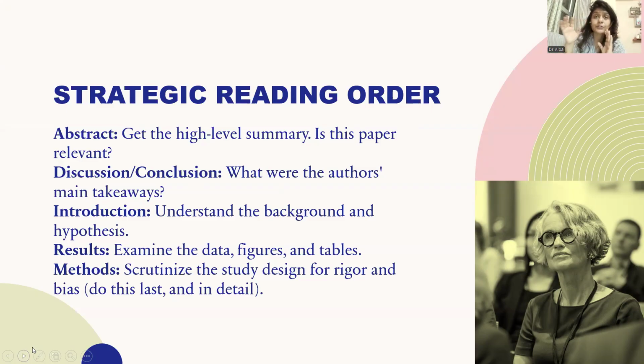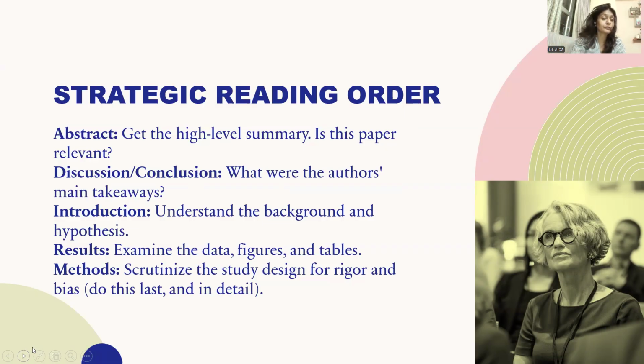Introduction will give you the idea of the existing research, the previous researches that happened in the area, and then go ahead and read the results to get a clarity on the data points, and then finally towards the end read the methods.